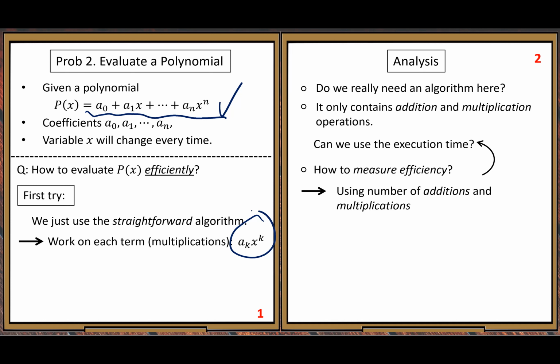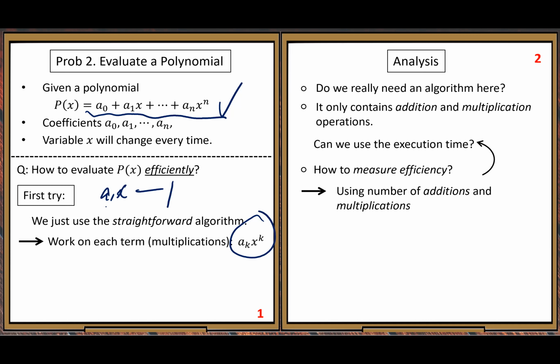Here, tell me, when k equals 1, how many multiplications do you need to do? When k equals 1, you have a1 times x. How many multiplications? 1.